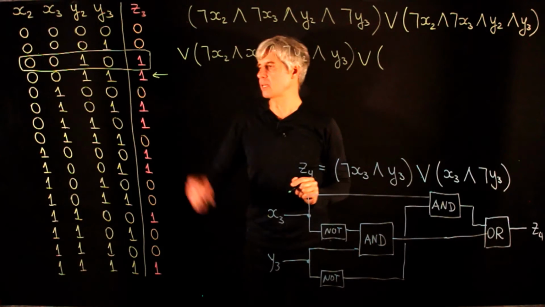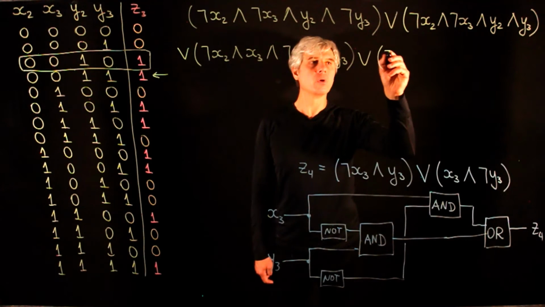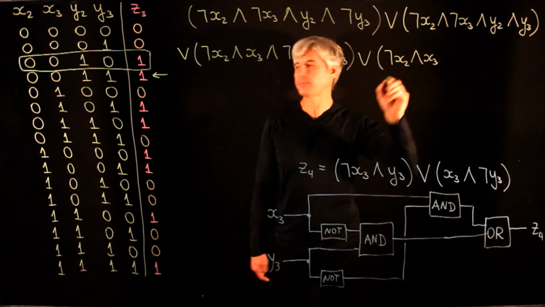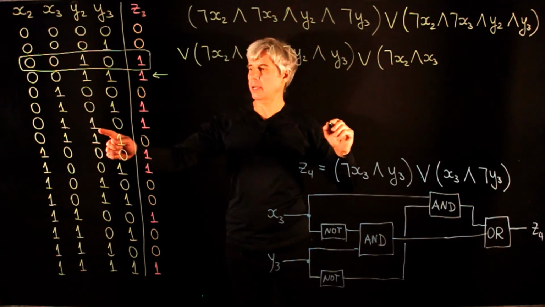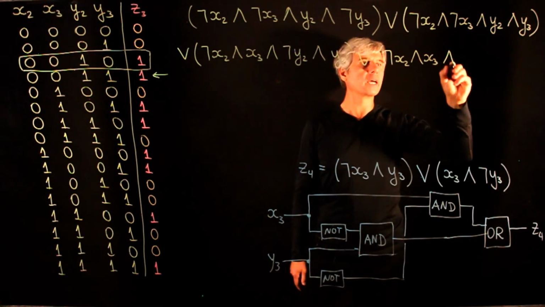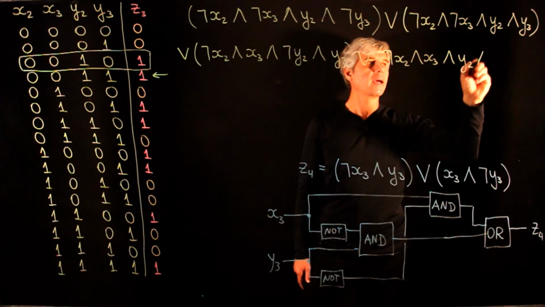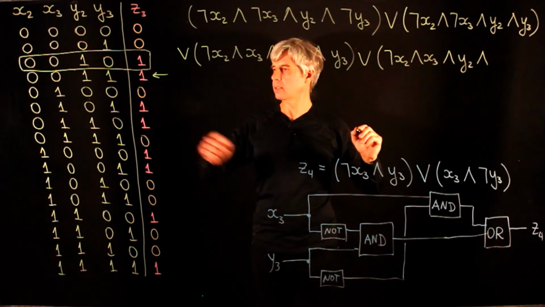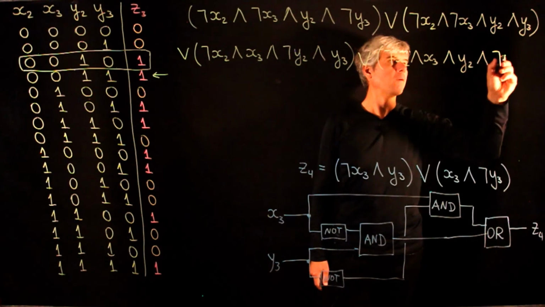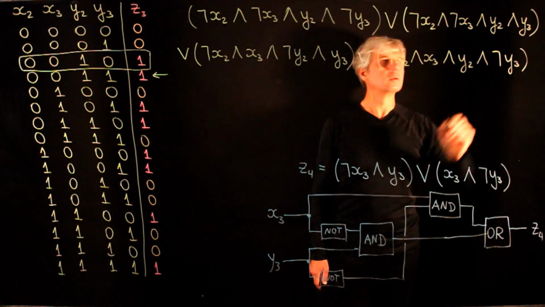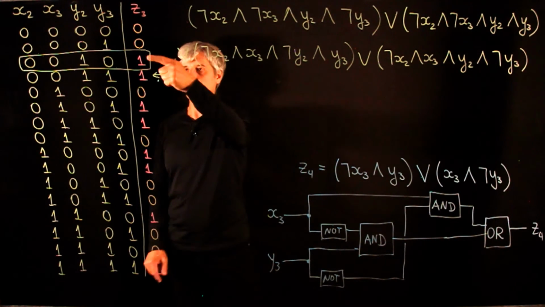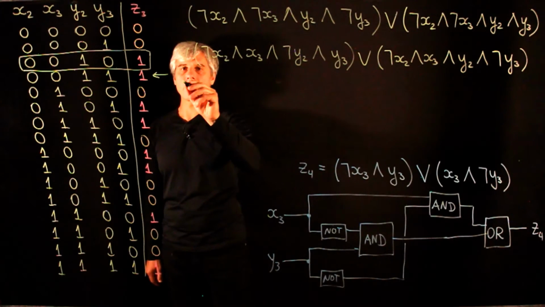So for example, here we have not x2 and x3 and y2 and not y3. Right? So now we took care of these 4 entries where we have 1.